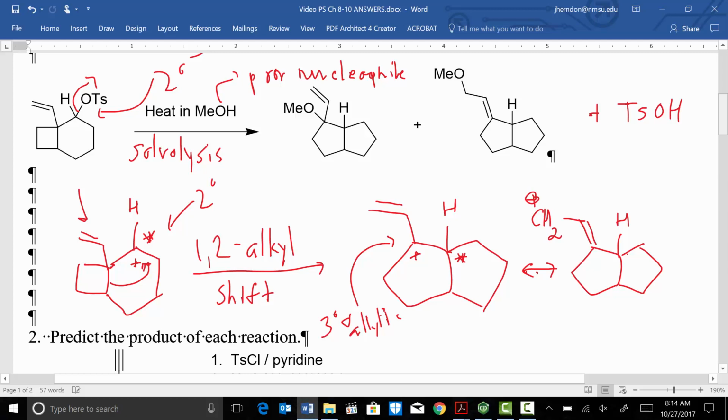Okay, maybe running out of room here to write all these things, but you can more or less see that after the rearrangement has occurred, methanol can come in. I'm just not going to draw the rest of that because I'm running out of room to write.